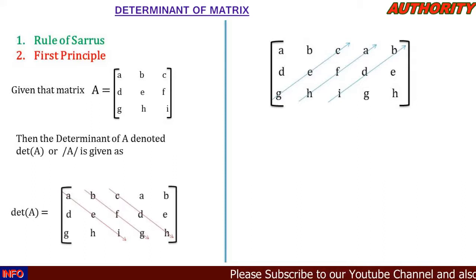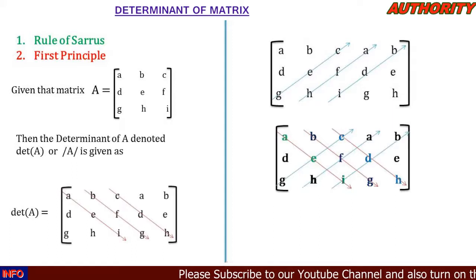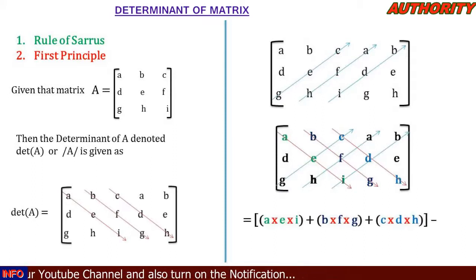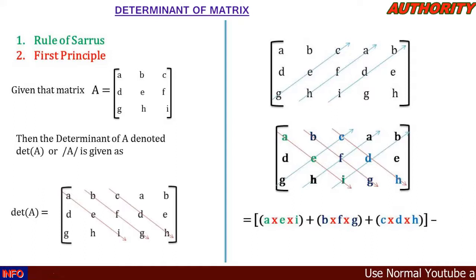If you succeed in drawing these lines, you're going to multiply all the elements that the first line touched: A, E, I. You're going to say A times E times I, plus the next diagonal, that is the main diagonal now, B times F times G, plus the other diagonal, C times D times H, all in bracket, minus the minor diagonals.